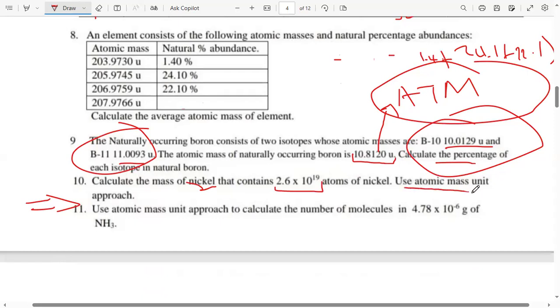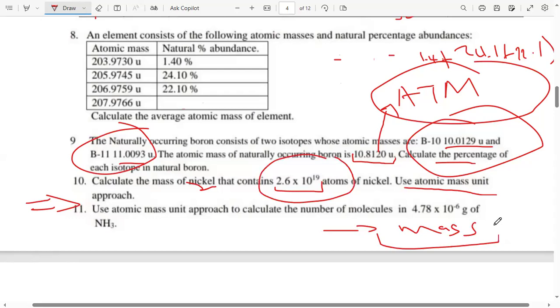They're saying use the atomic mass unit approach. So we are changing this number of atoms to mass. And I gave the relationships that you need for you to change this. Okay, so let's come to the board here.